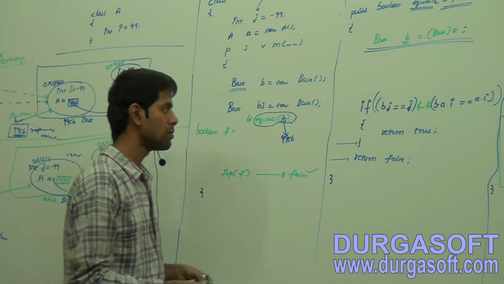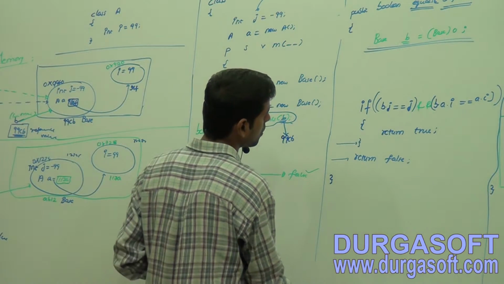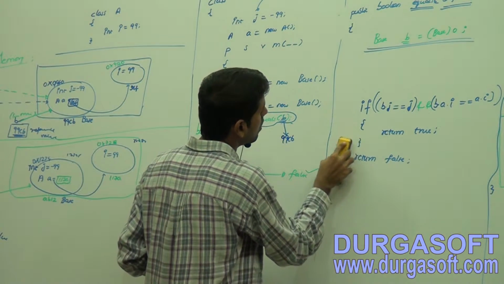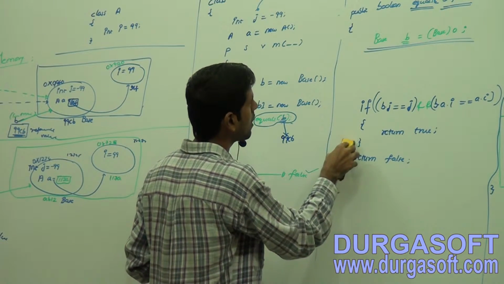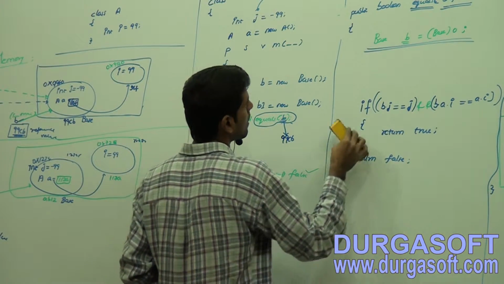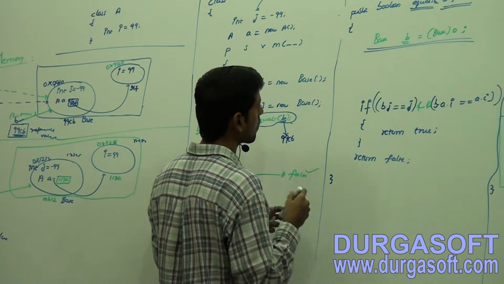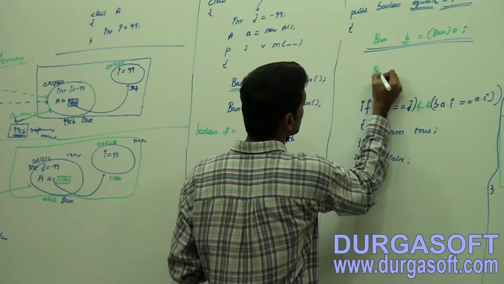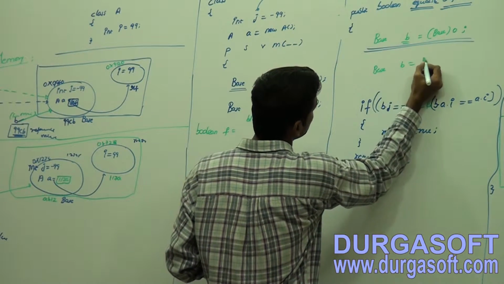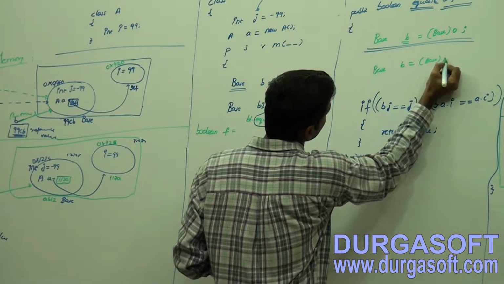Now observe here, I am going to use one more small thing. Let me write this statement down: Base b equals to base o.